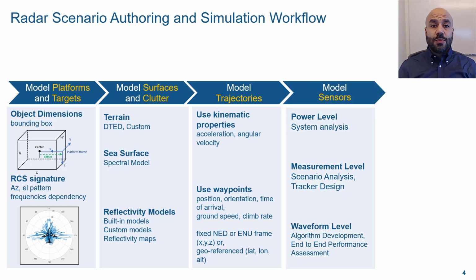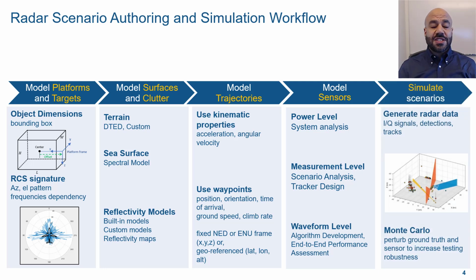The next step is to model the sensors. For the radar sensors, there are different abstraction levels that we can choose from: power level, measurement level, and waveform level. I will explain the differences between these abstraction levels and show you when each of them is suitable.